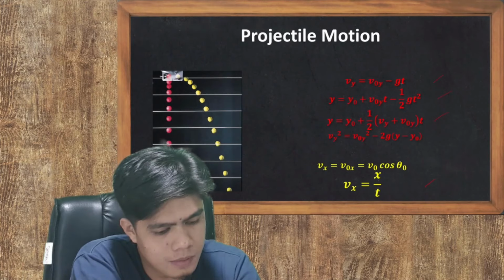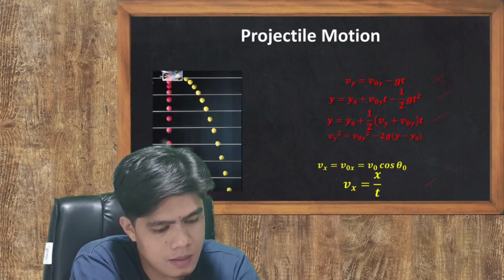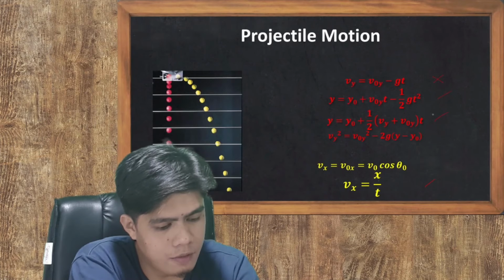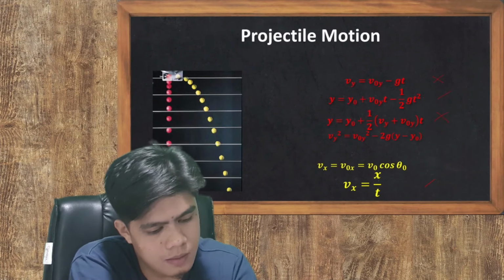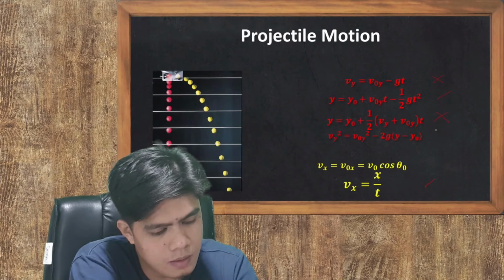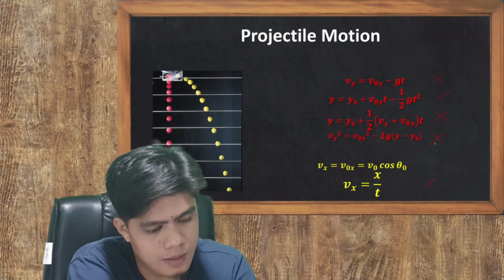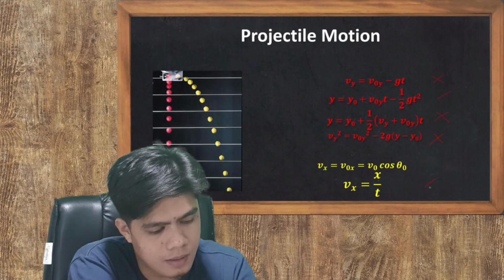In our problem, we don't have the final velocity, so this one is out. This one we have v naught y and y. Yes, this is correct. This one we don't have final velocity y, so this is out. This one we have y, but again we have no final velocity, so it's not included, and this one is not either.